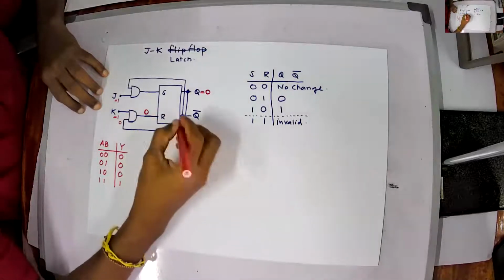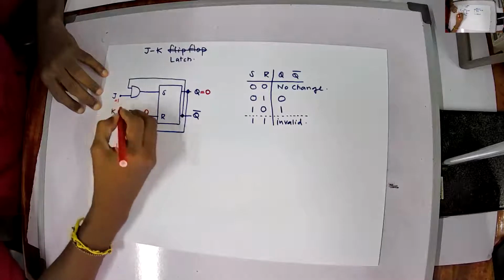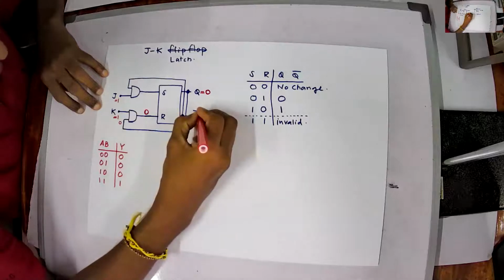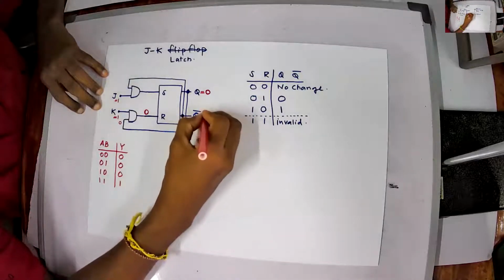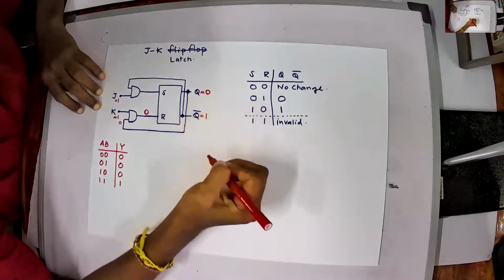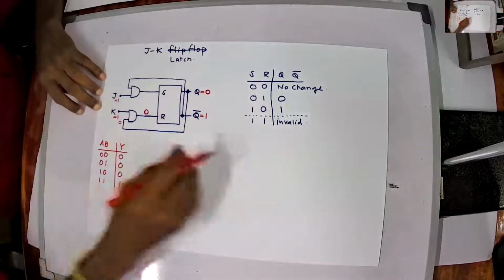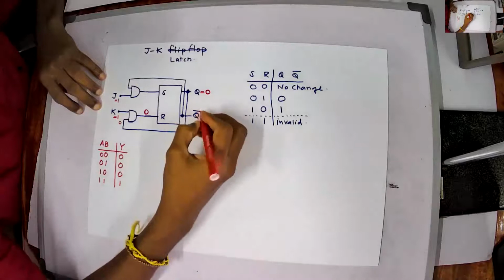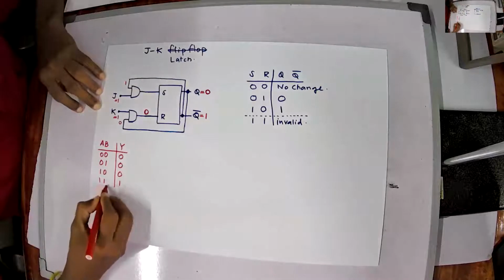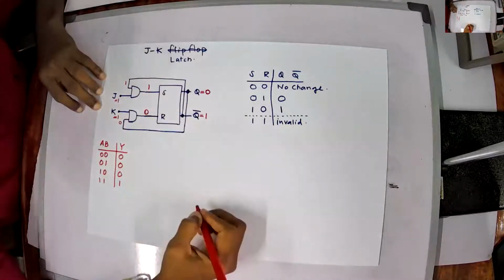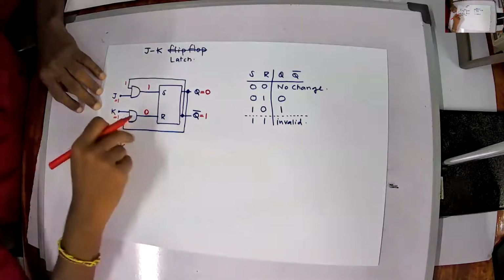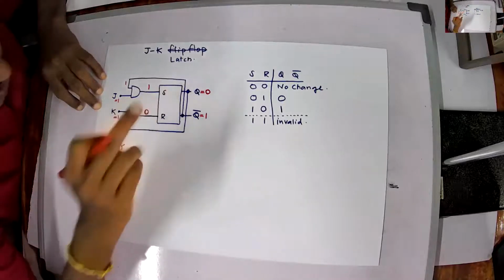Now K is 1, and Q bar is 1, because if Q is 0 then Q bar equals 1 from the previous step. That 1 is fed back to the AND gate with J, and 1 and 1 becomes 1.